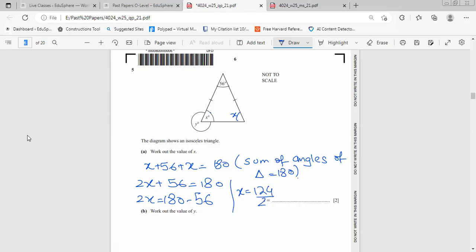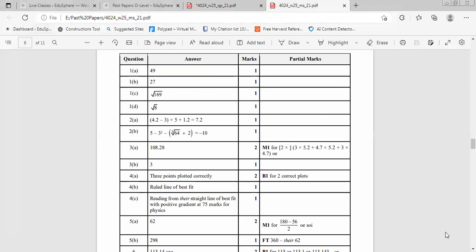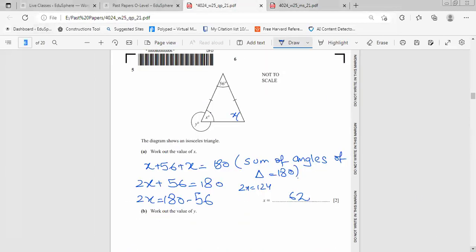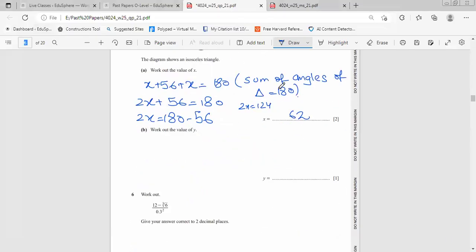So 2x is equal to 124. And then, the value of x will be equal to, when we divide it by 2, 62. So you can confirm the answer with the help of a mark scheme as well. This is 62. Okay.